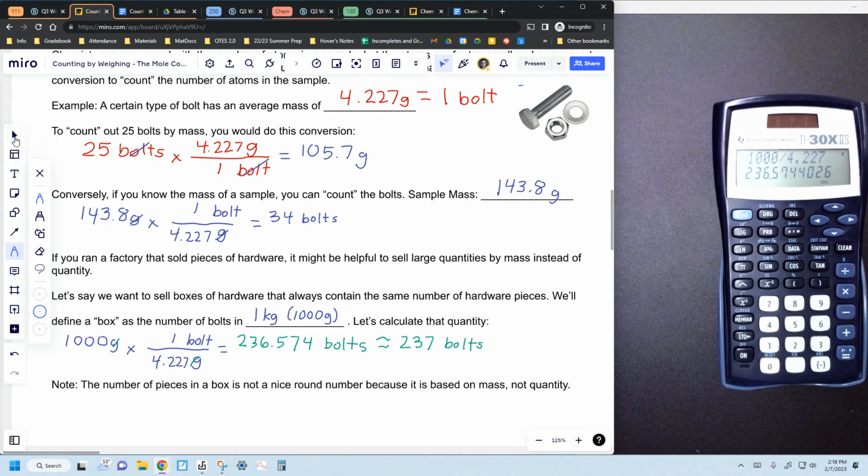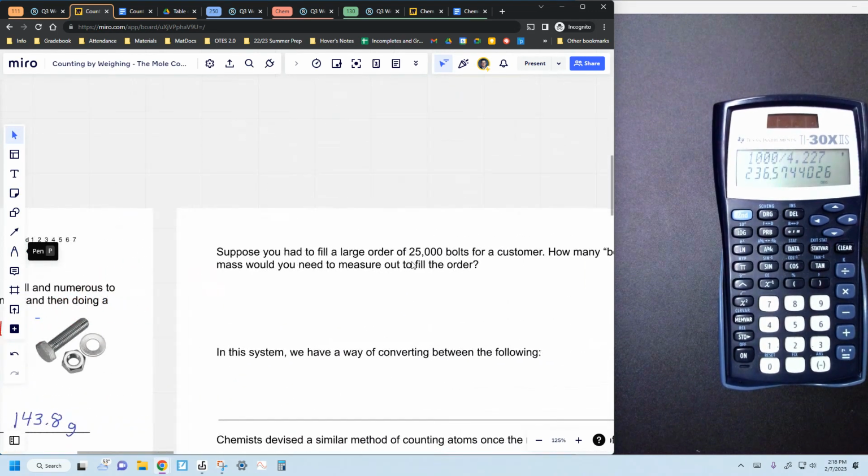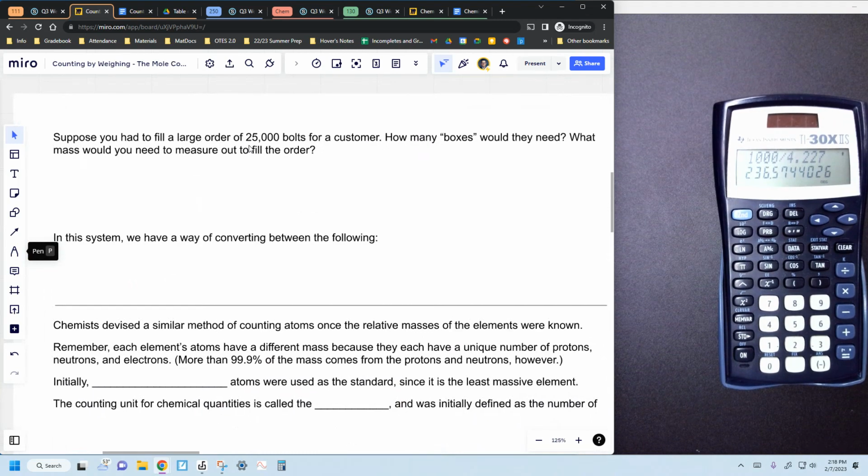All right, so continuing on. Go to the next page here. I'm going to write my new equivalent statement that I know now about my boxes. One box of bolts, which would be a kilogram of bolts, is 237 bolts.